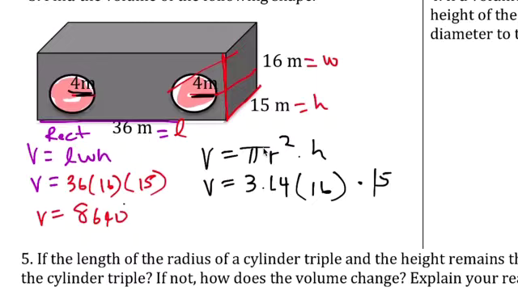How did I get 16? It's because the radius right here is 4 squared. 4 times 4 is 16. Okay, use your calculator. You would get volume for the cylinder 753.6.